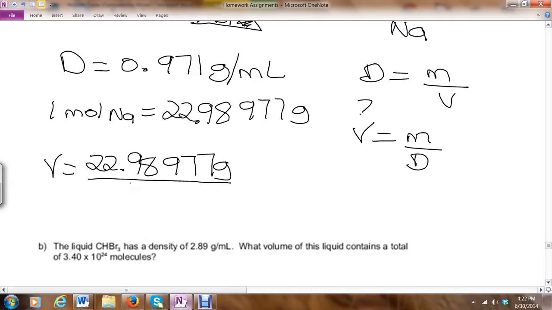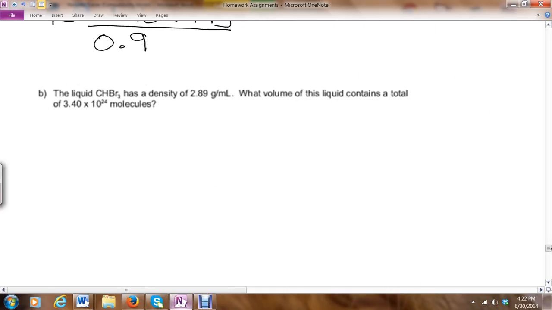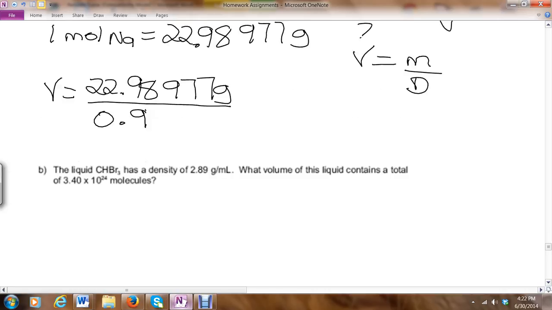Or divided, yeah, by 0.971 grams over milliliter.